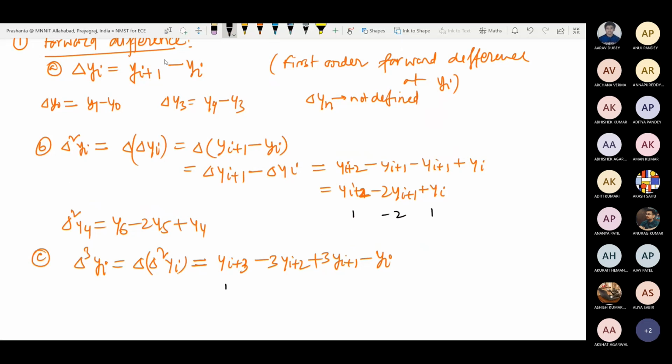Here the coefficients are 1, minus 3, 3, minus 1. Similarly, if you find del 4 yi, it will start with yi plus 4 and then decrease, and the coefficients will be 1, 4, 6, 4, 1 with respective signs. So these are the forward differences. This is how we are defining it.